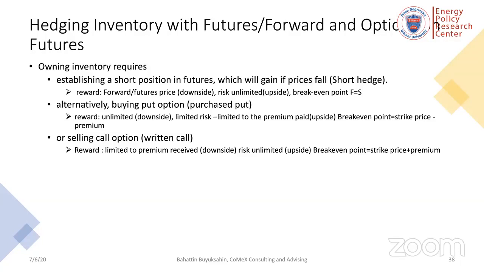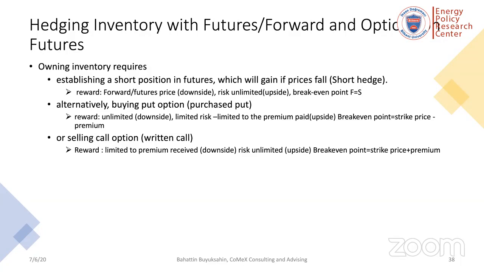You have to decide whether you choose this strategy or not by looking at the reward and risk and break-even. Here the reward is limited by the forward and future price in the downside, and the risk is unlimited in the upside. I am assuming, again, when I say downside, your reward is limited.